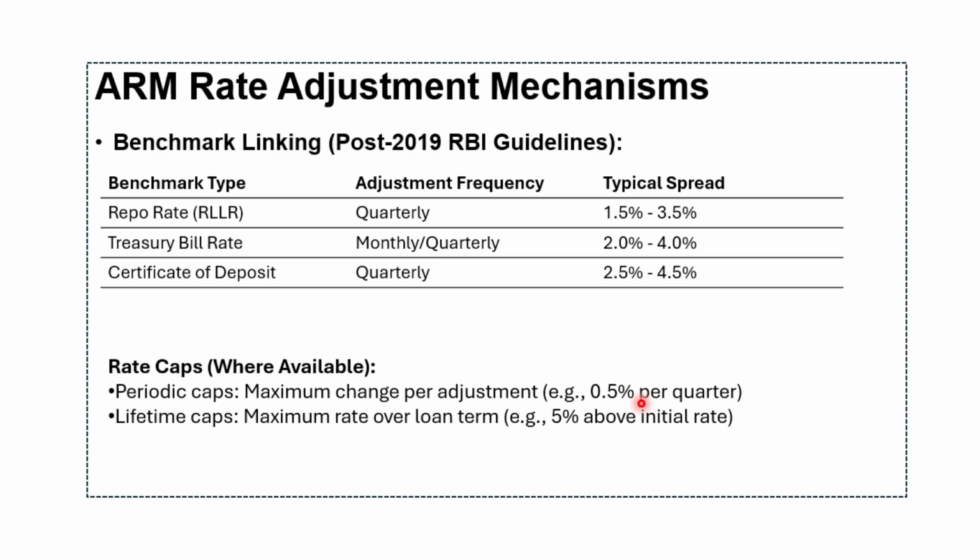Lifetime caps set a maximum rate over the entire loan term, perhaps 5% above the initial rate. However, caps are not universal in Indian mortgages and often come with slightly higher spreads. Borrowers should understand their specific rate adjustment mechanism, including adjustment frequency, spread component, and any applicable caps when selecting ARM products.